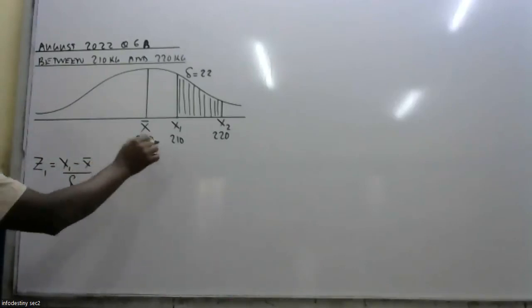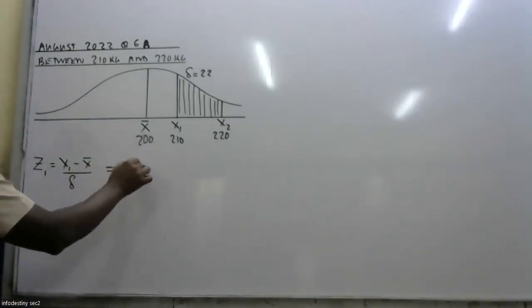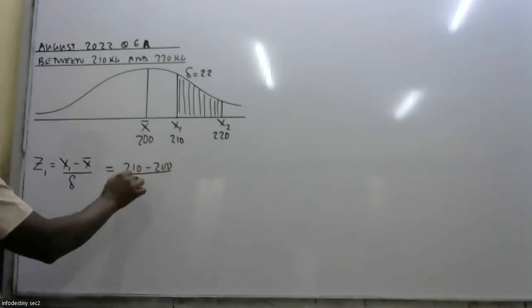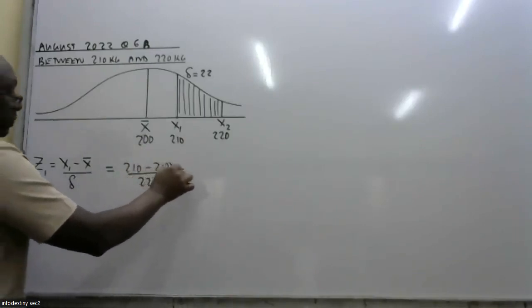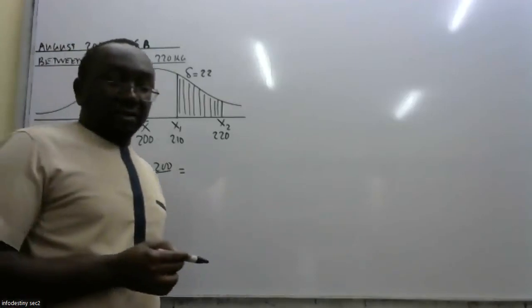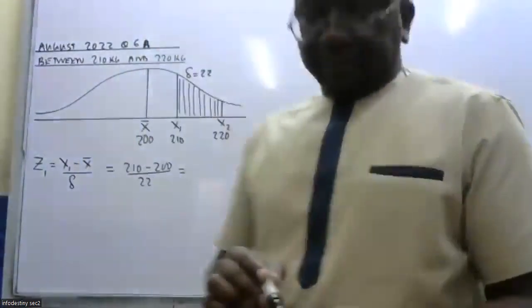So our X1 is 210, our X bar is 200, you divide by standard deviation of 22. So do that and give me the answer to 2 decimals. The values of Z are always stated to 2 decimals.